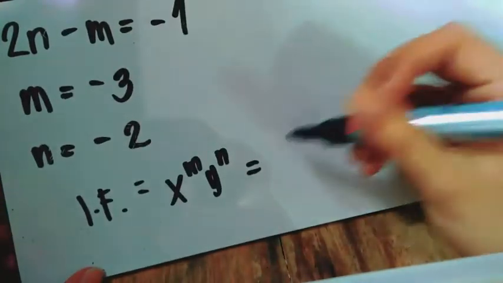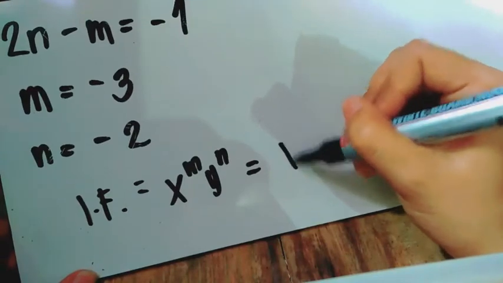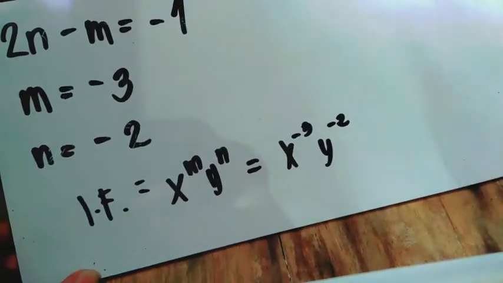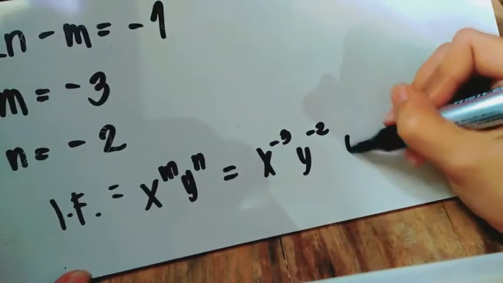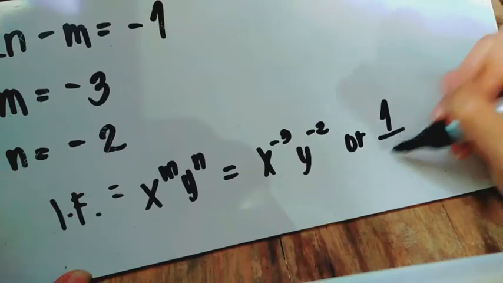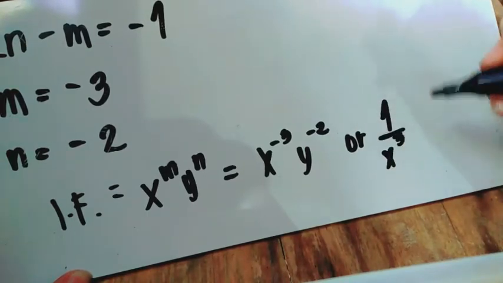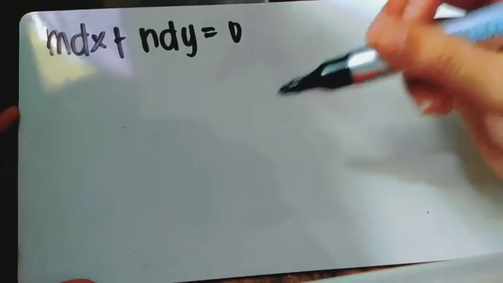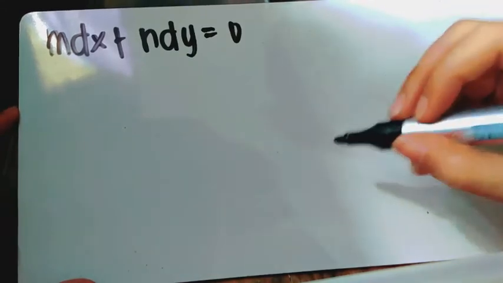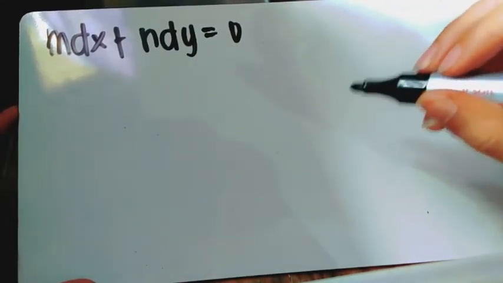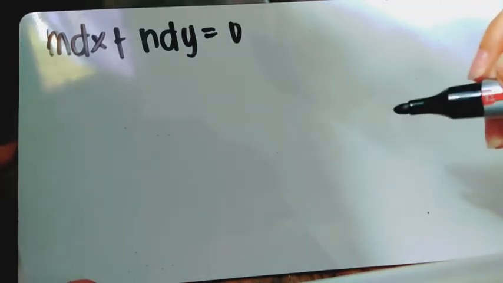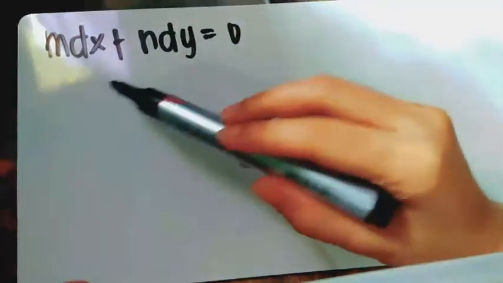Therefore, our integrating factor is x raised to negative 3, y raised to negative 2, or 1 over x cubed y squared. After getting the integrating factor, we can proceed to m dx plus n dy is equal to 0.